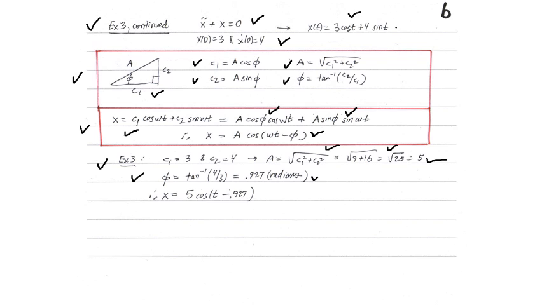So this is the original form up here at the top of this slide that we had for our solution, but in some situations it may be more convenient to have the solution in this form where you can see the amplitude and the phase shift, which are both probably going to be physically important values in your application.